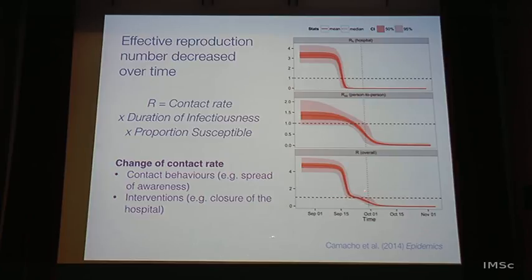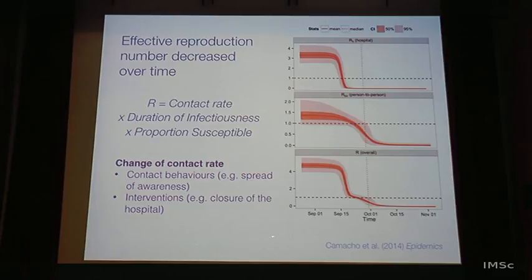After this time, you go below 1 and you go to 0. That's the reproduction number of the hospital that contributes to this big first drop, and then the person-to-person contact decreasing over time contributes to decreasing the person-to-person reproduction number. This happened at a slower pace and is smoother.